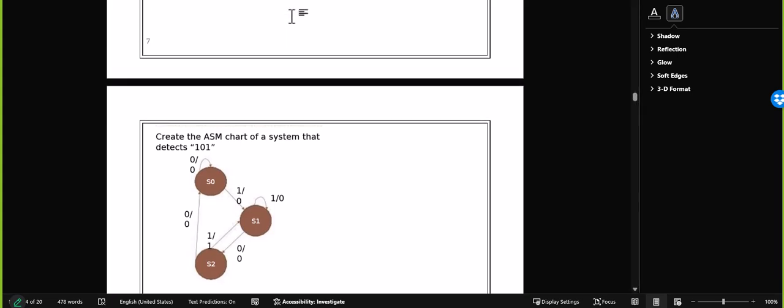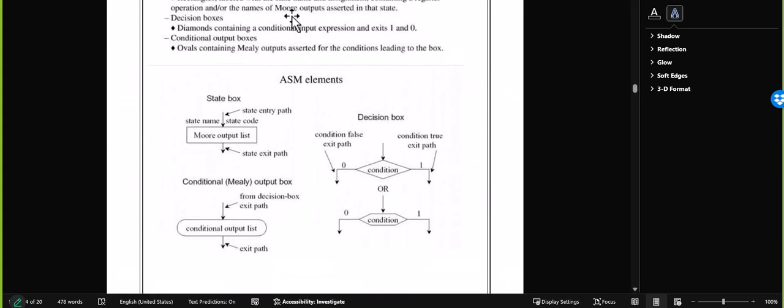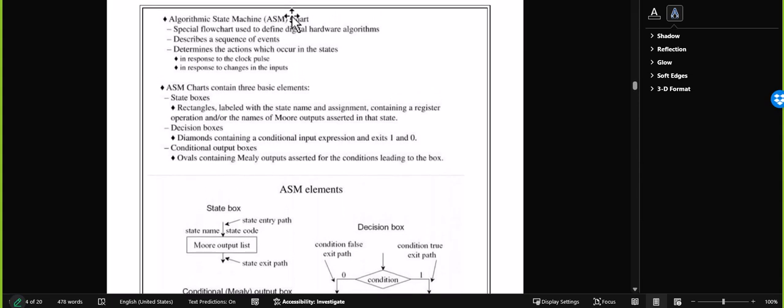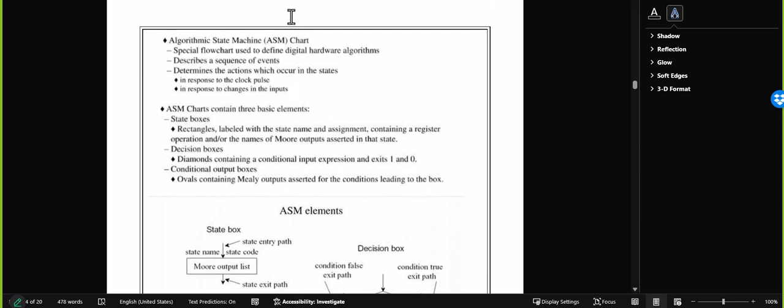All right, I gave you a page on your handout that has some of the information you need for an ASM chart. It's an algorithmic state machine chart, a special flow chart used to define digital hardware algorithms. It describes a sequence of events, things that happen one after the other.